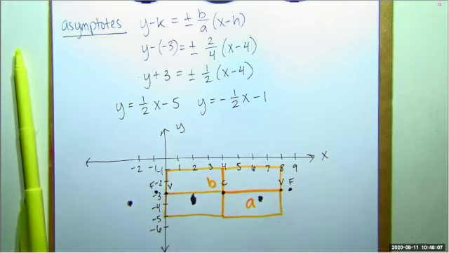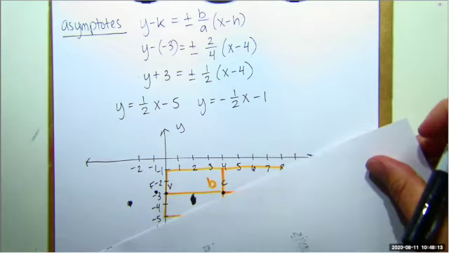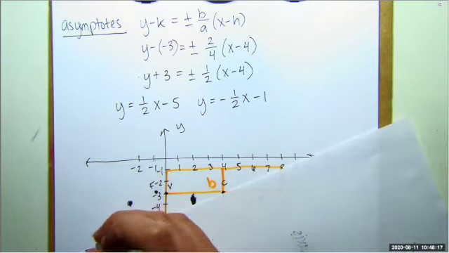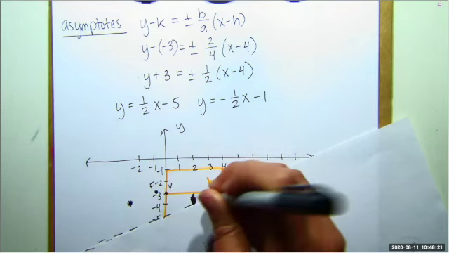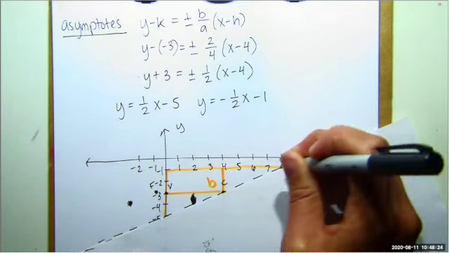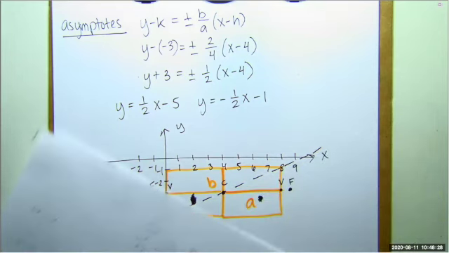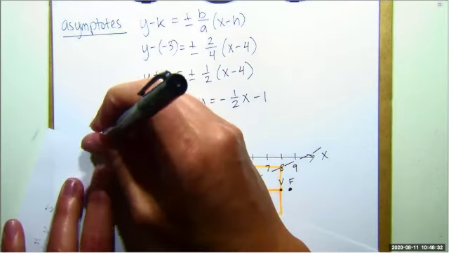Okay, so now we know that our asymptotes have to go right through the center and through the corners of the box. And then the other one right through the other corners and through the center.